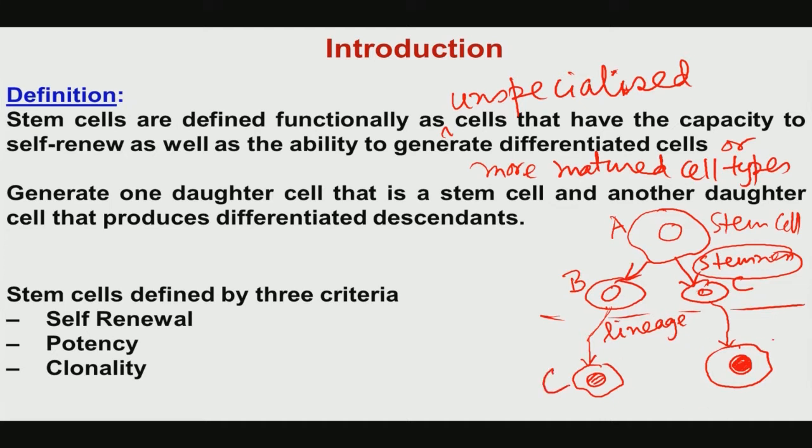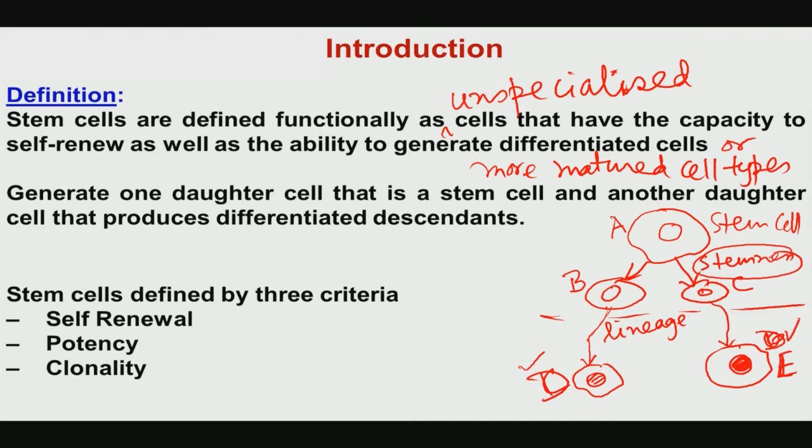Now, when B goes to one specific lineage to produce matured cell type D, and C is differentiated to produce a different cell type E. Now, remember D and E have different functionality.